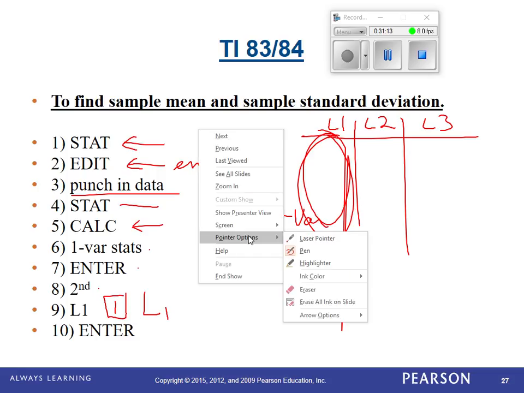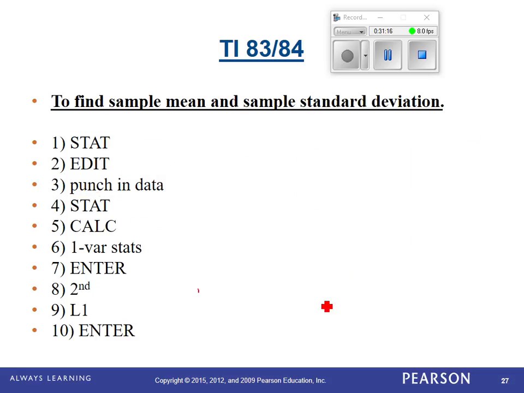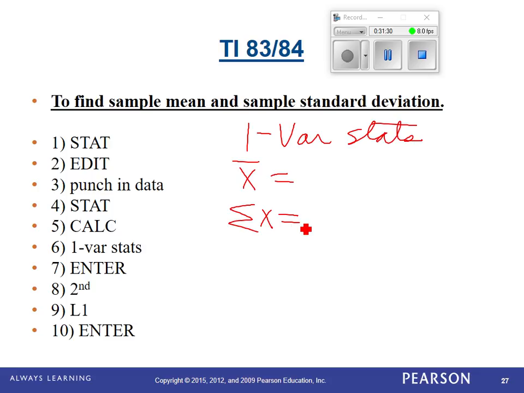Let me erase all this. It's going to give you a screen that looks something like this. It's going to say one variable stats, and then it's going to give you this equals, this equals, this equals, and n equals.